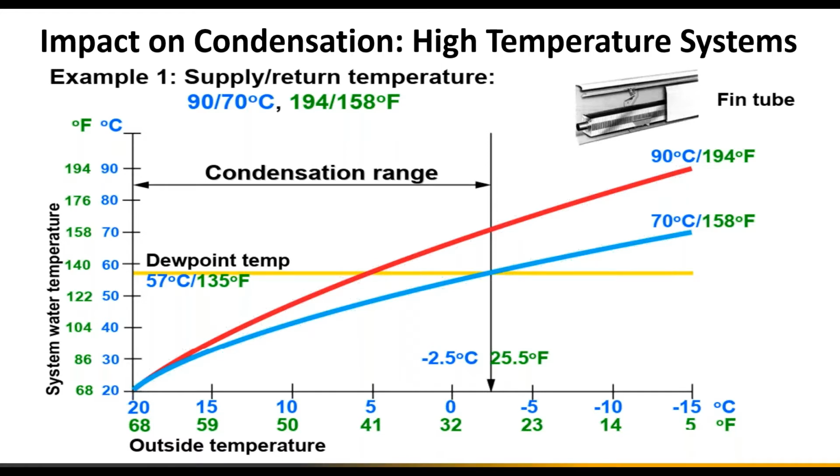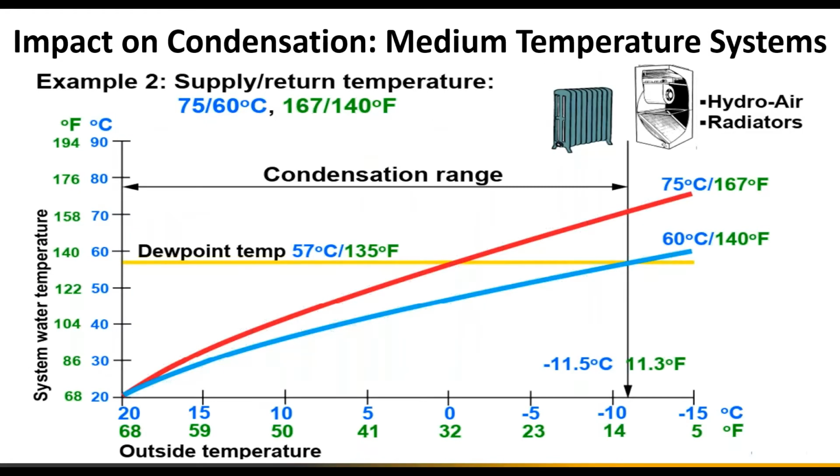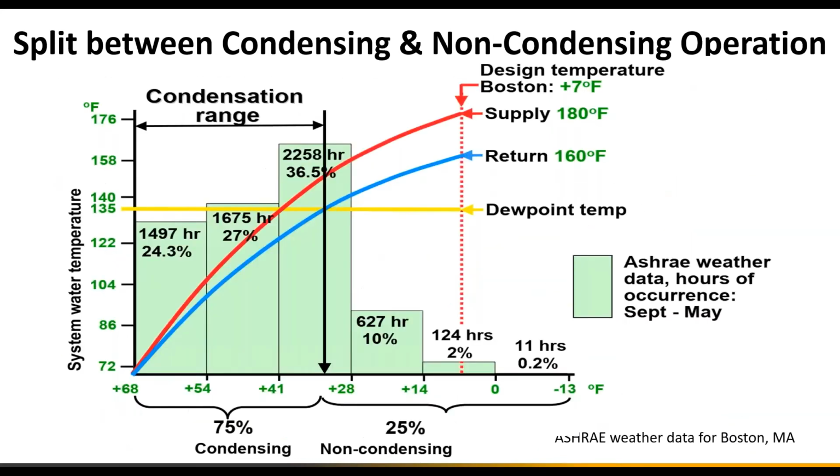If we now move on to a medium temperature system... Okay, let's go back one slide. The previous one, Greg, back up. Yeah, here we go. So if we look at this high temperature system, based on Boston, where design day is 7 degrees, here's the weather bin data plotted for Boston.